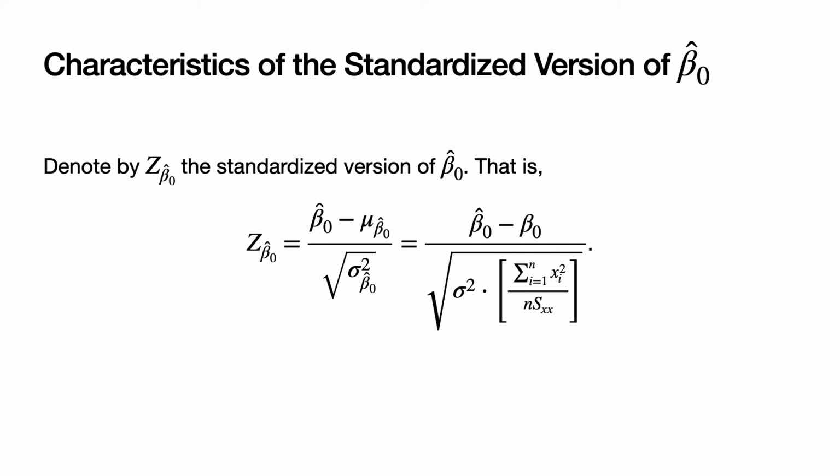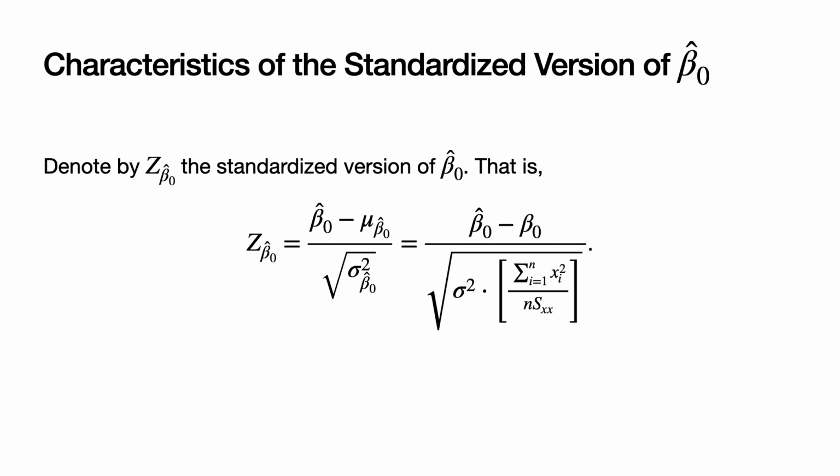And the standard deviation of the difference, because beta 0 is a constant, is just the standard deviation of beta 0 hat itself. And so that is equal to the square root of sigma squared times the sum of the squared x values divided by n times s sub xx. And so that's how we calculate the standardized version of beta 0 hat.